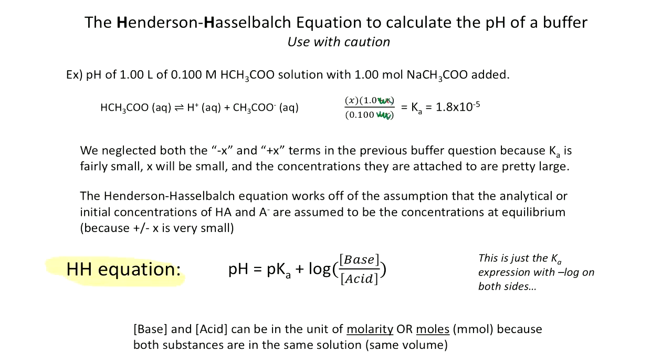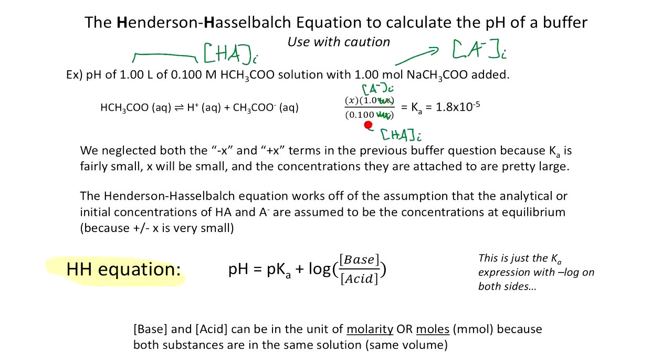So 1.0 is our initial concentration of A minus, and 0.1 is our initial concentration of HA. That was given in the question. So this is HA concentration initial, and this was A minus concentration initial. We're just saying that plus x and minus x are really small.